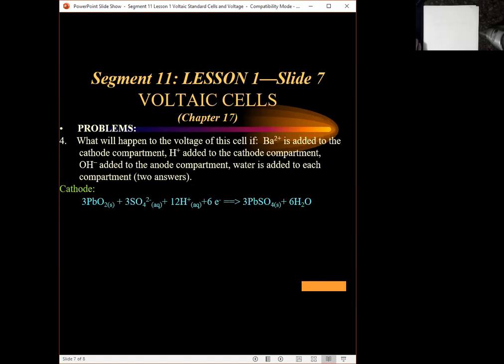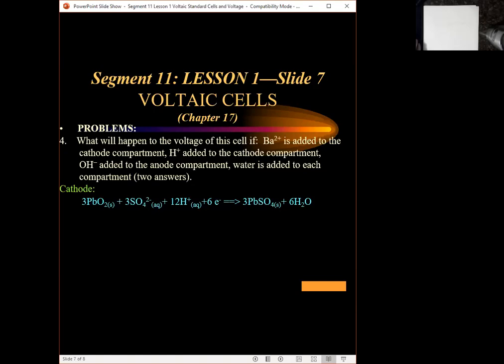And now, if you look at this reaction, we're talking about adding barium ion to this. And I'm looking at all of this and I'm saying, well, barium's not going to react with this, but it could bump into sulfate. Barium sulfate is insoluble.